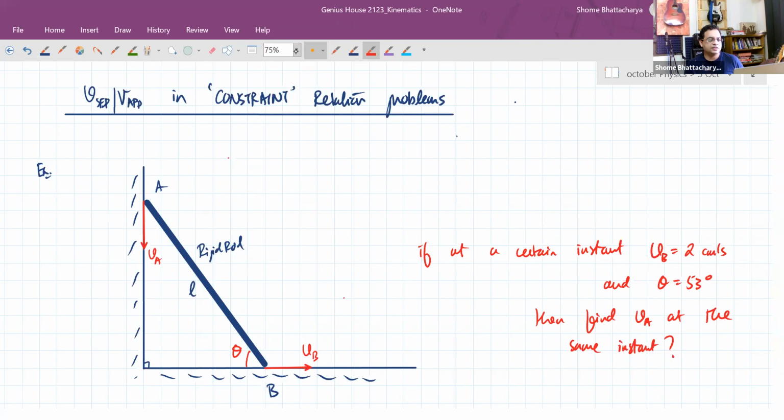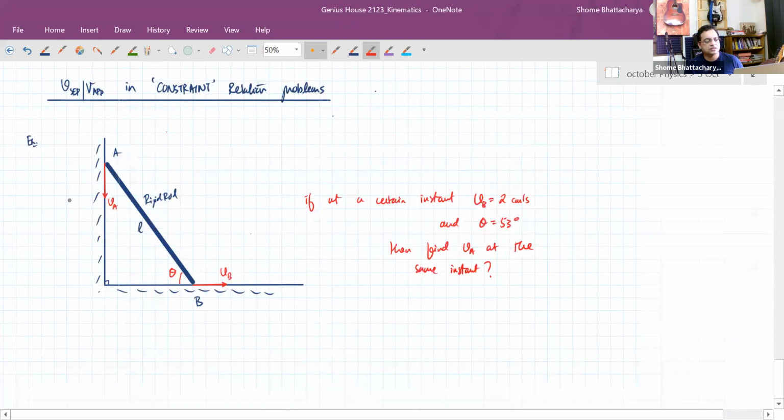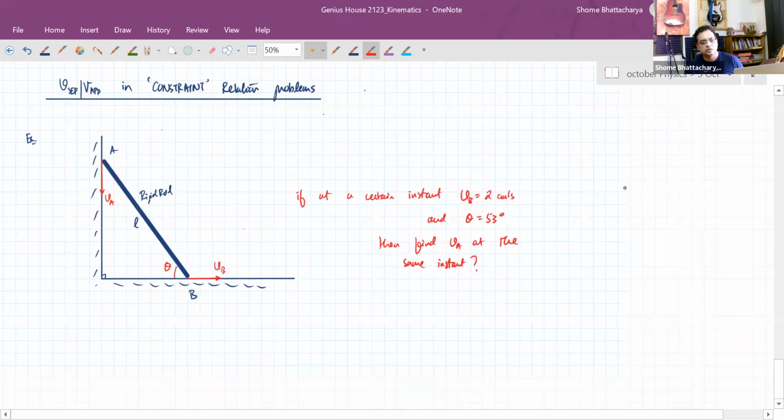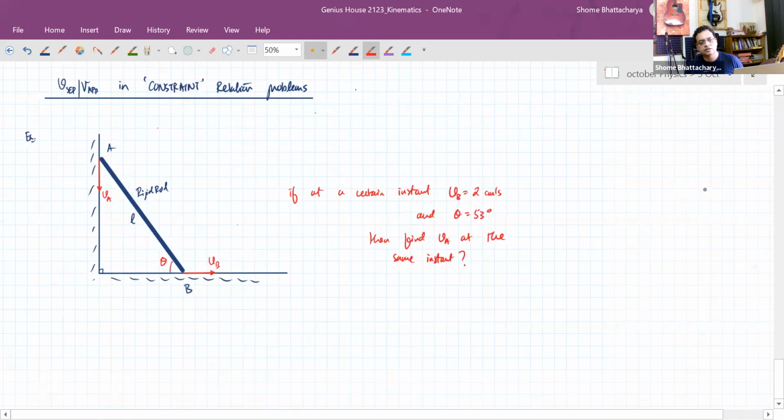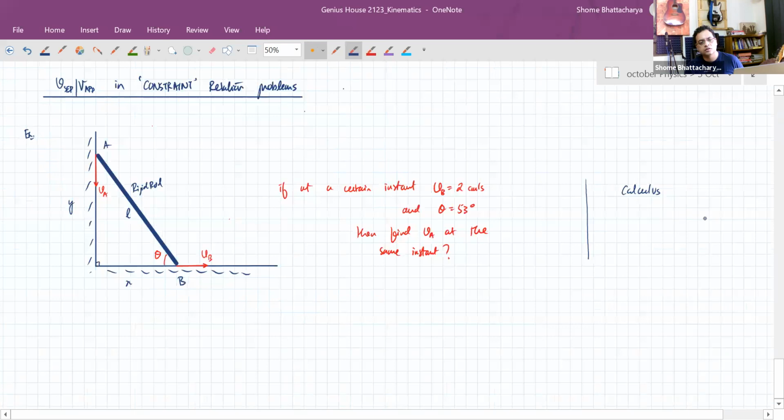Now, previously we had used a calculus method: if you take this distance as x and this distance as y, then we have the constraint relation. The calculus method was that the length of the rod is a constant.